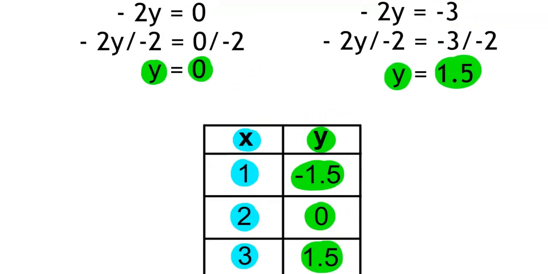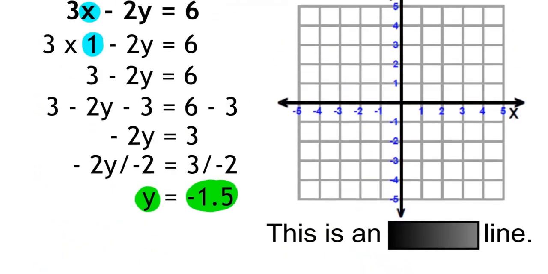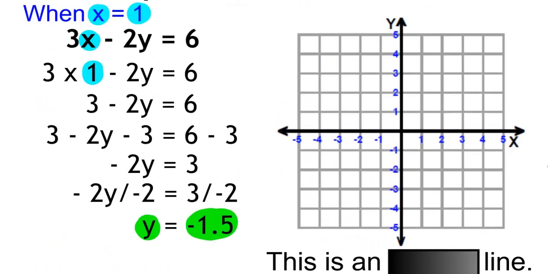Now we're going to put these results on our graph. So our first plotted point is x is equal to 1, y is equal to negative 1.5. Second part of our chart, when x was equal to 2, y is equal to 0, so that stays there. And our final plotted point was when x is equal to 3, y was equal to 1.5.